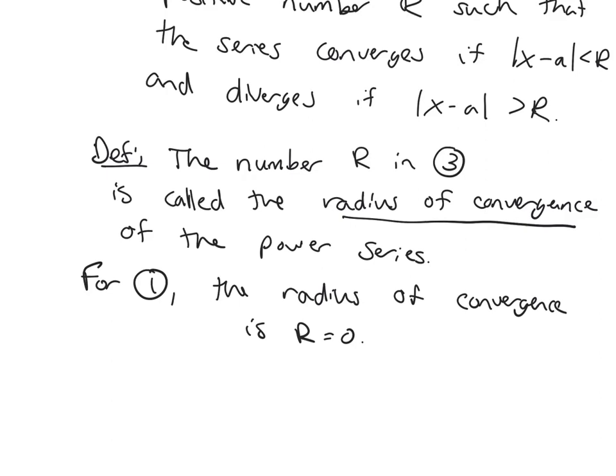So I'll draw a picture in just a second. For 2, well, it converges for all values, so by interval, we wrote it out last time, it was negative infinity to infinity.